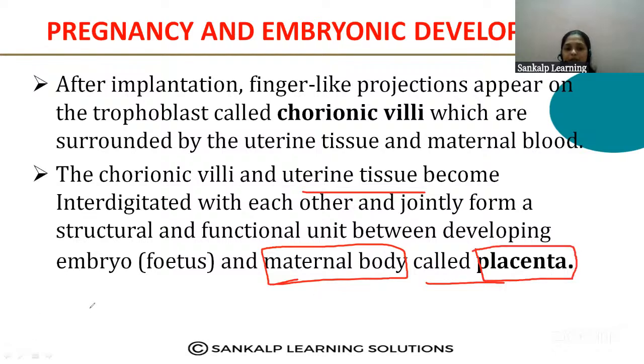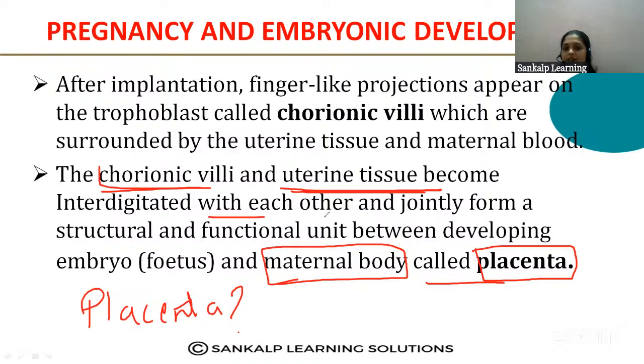Here, a very important thing is the placenta. What is the placenta? That is also an important question. Chorionic villi are the finger-like projections formed around the trophoblast layer, and they interdigitate with uterine tissue to jointly form a structural and functional unit between the developing embryo, that is the fetus, and the maternal body.